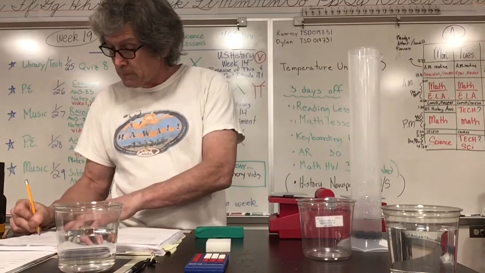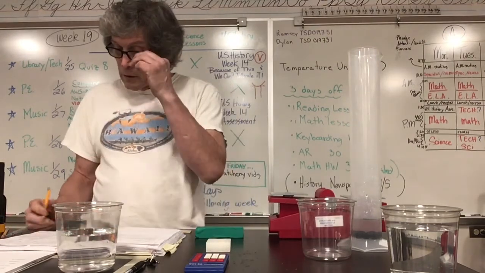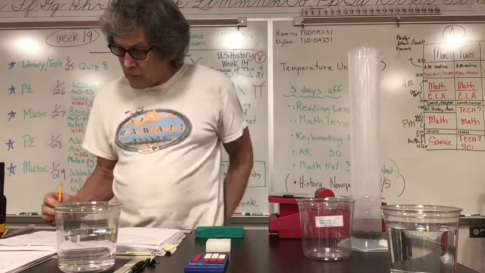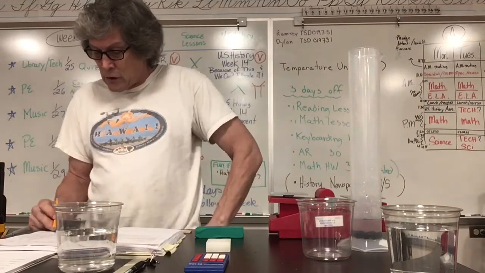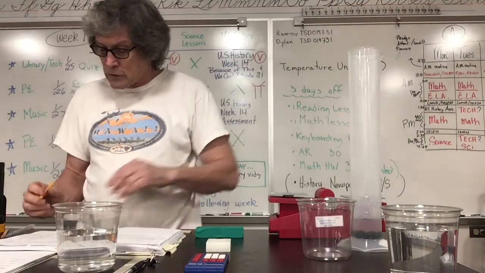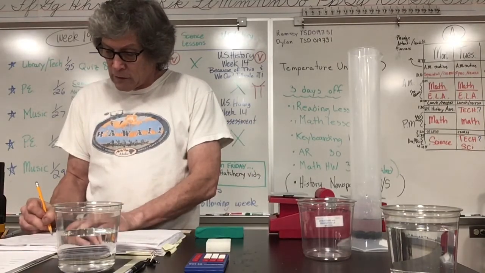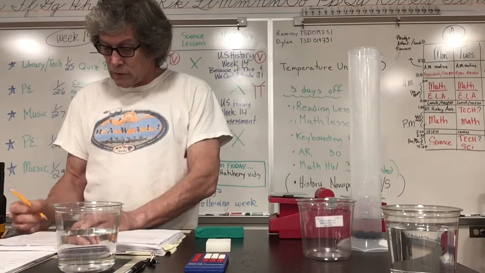How nice. So we would have 12 centimeters times 2 times 2. 12 times 2 is 24. 24 times 2 is 48 centimeters cubed.